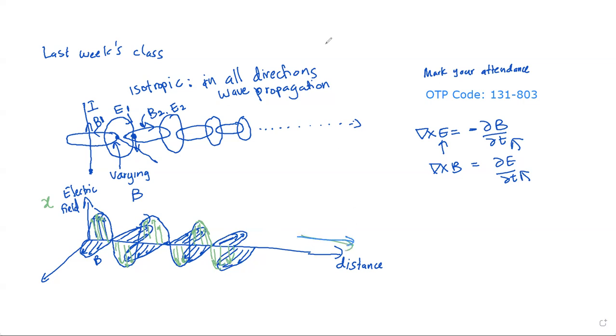The wave propagates along the direction which is perpendicular to both the electric and magnetic fields. Basically, that is how the electric field and magnetic field generate a propagating wave along a direction perpendicular to both.